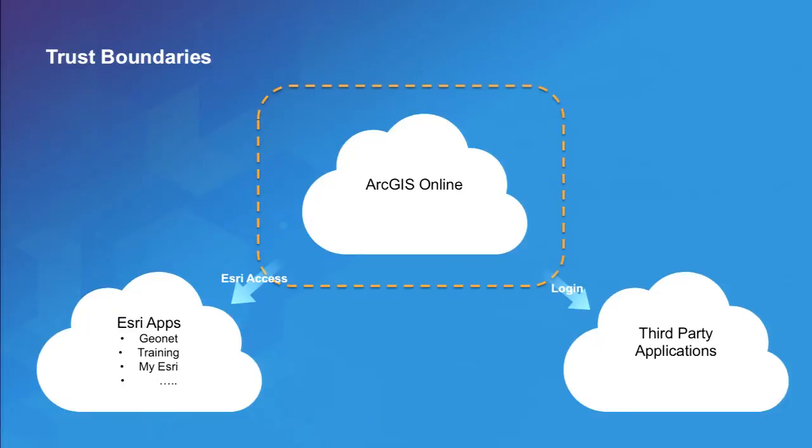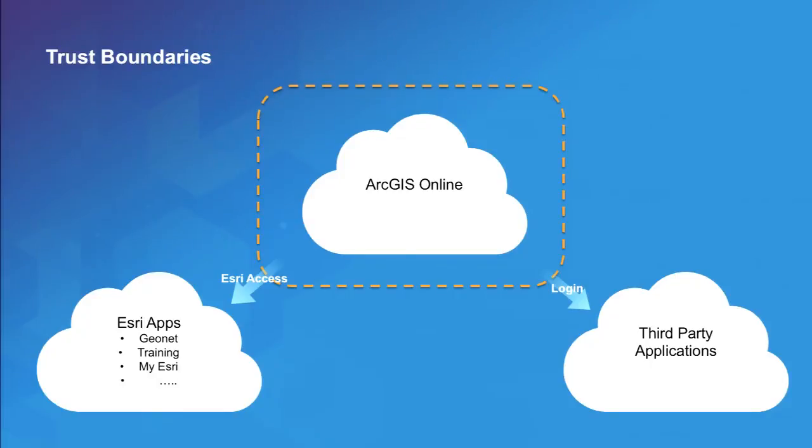Now there is information that might go outside of that boundary, and there are other sites to do with the ArcGIS platform and even third-party applications where information might flow out of that boundary. And those other systems are not necessarily more secure or less secure.